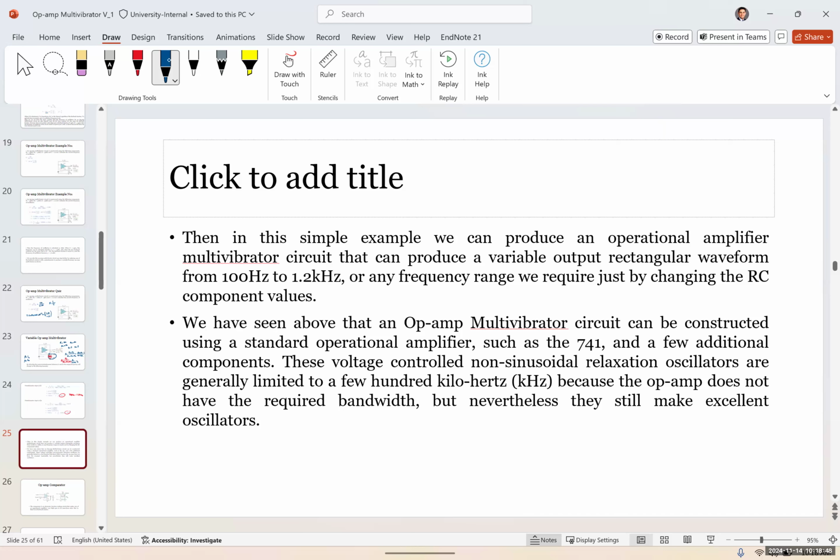Again, for a 741, the bandwidth is usually limited to 1 megahertz at maximum. In reality, it's like 200-300 kilohertz. Therefore, these oscillators cannot oscillate above that because of the limitations of the op-amp. But if we use faster op-amps like the 441 series, we can generate megahertz oscillators as well.